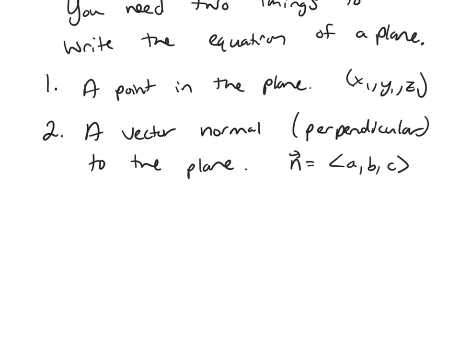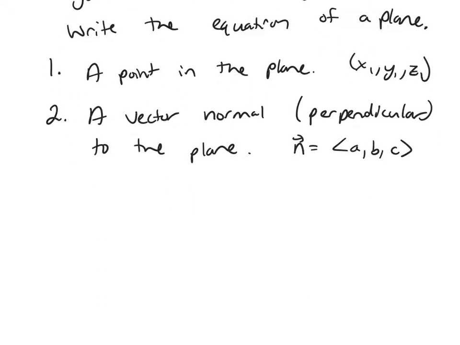So let's think about our setup. Let me draw a plane here. Imagine I have a plane, and I have a point on that plane. Let's call it x1, y1, and z1.